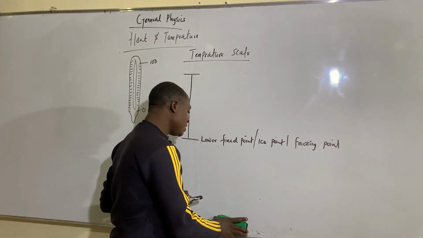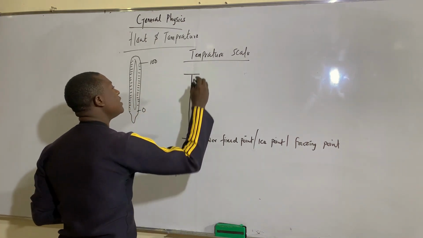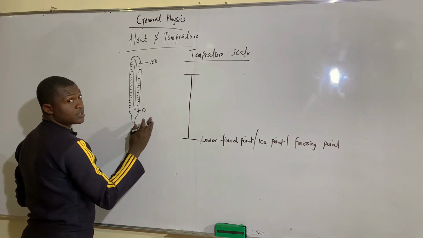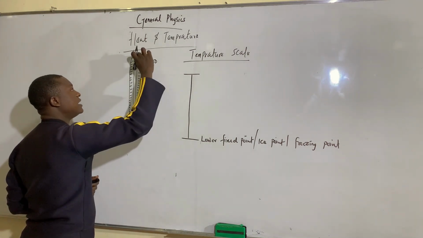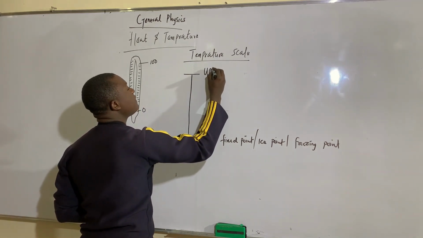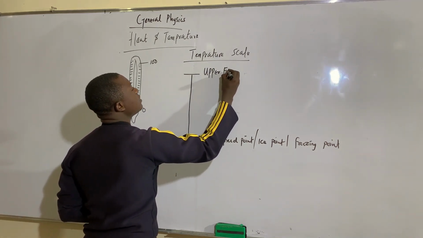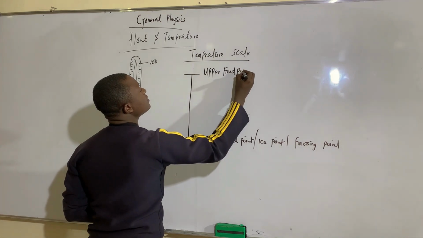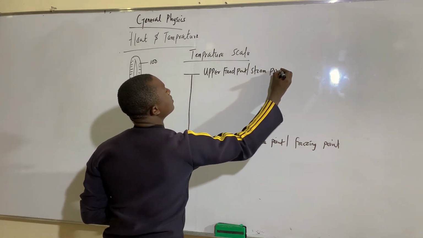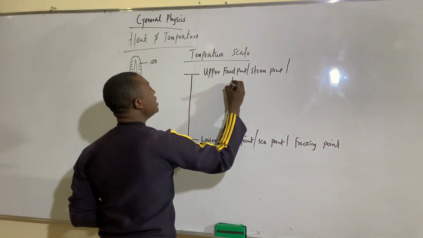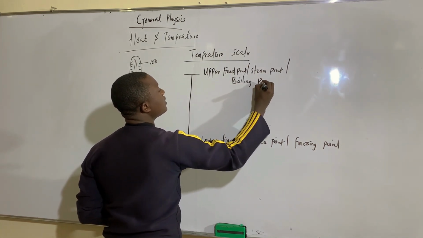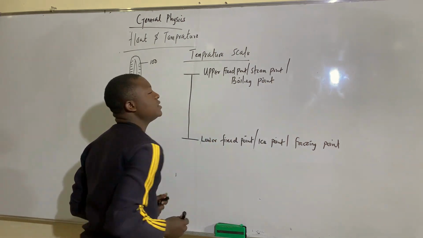So for the one we have here, where it started from is what we call the lower fixed point. Maybe it ends at 100 or other numbers. Here we call it the upper fixed point, or we call it the steam point, or we can call it the boiling point. Anytime they use these, you have to master that.